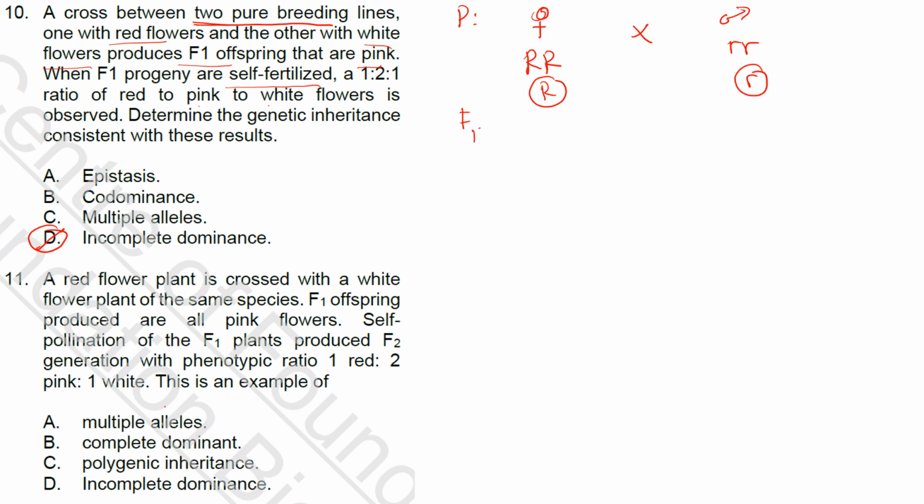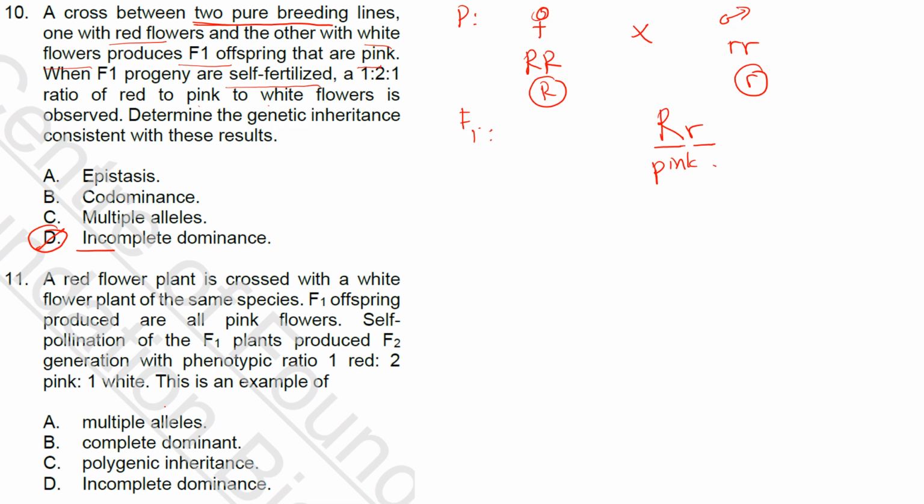So the F1 generation will be heterozygous, having both dominant and recessive alleles, and produces a phenotype which is pink. Pink is the phenotype that is intermediate of both parents. So when the offspring produces a phenotype that is intermediate, it is incomplete dominance.